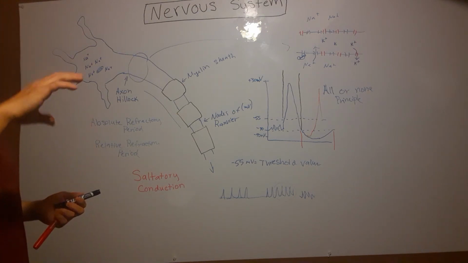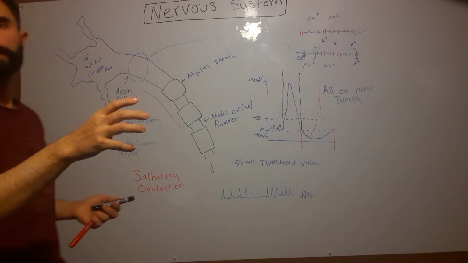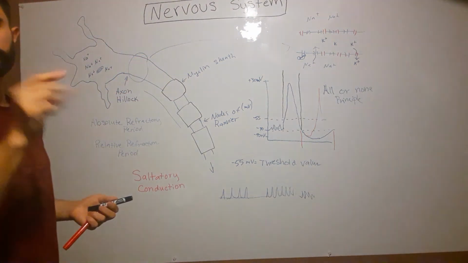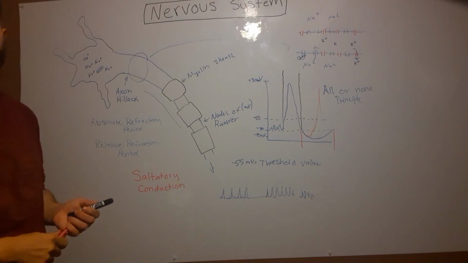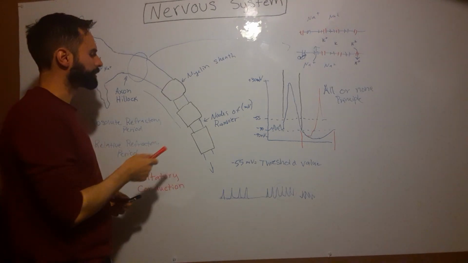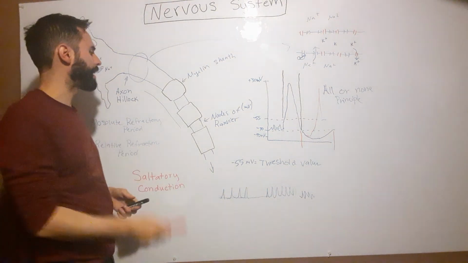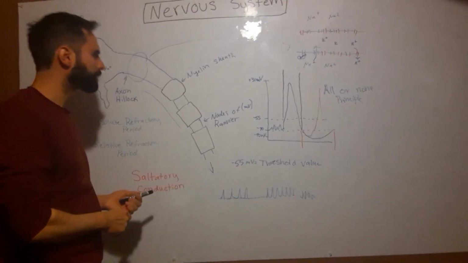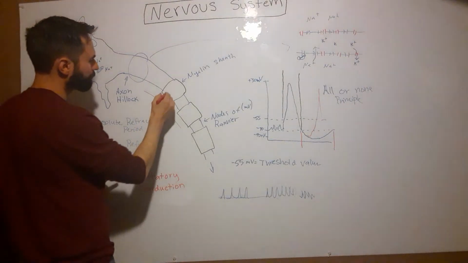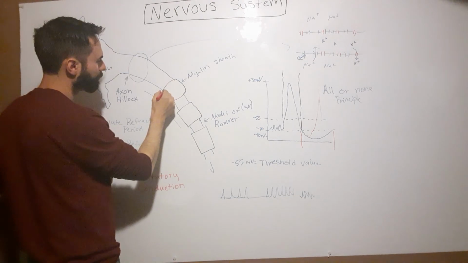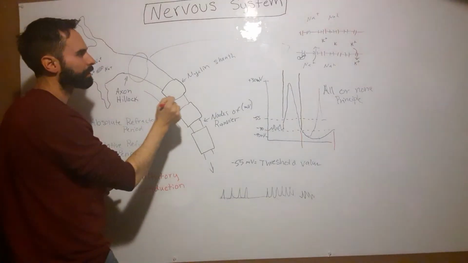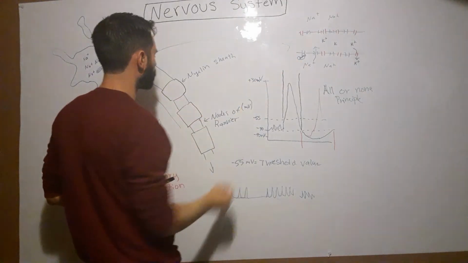For example, I don't know the exact speed of every single thing, but when you're moving a muscle, that's an extremely fast speed. And so the axons in the peripheral nervous system for that are going to have these myelin sheaths. They work because these sheaths cover up the axon on the inside, making these channels pointless.